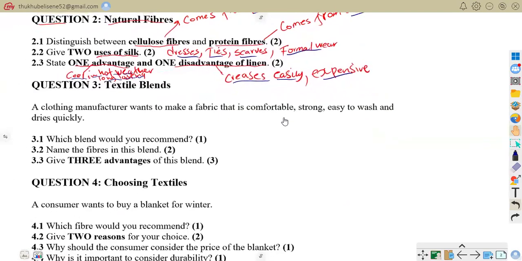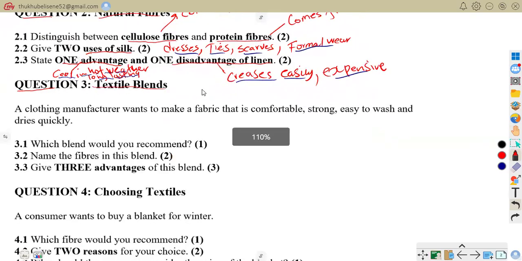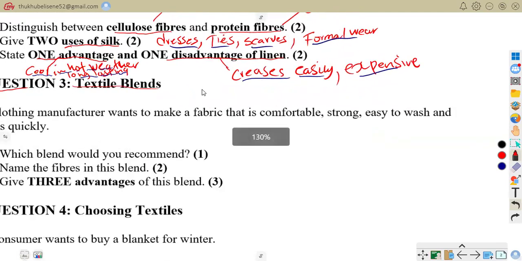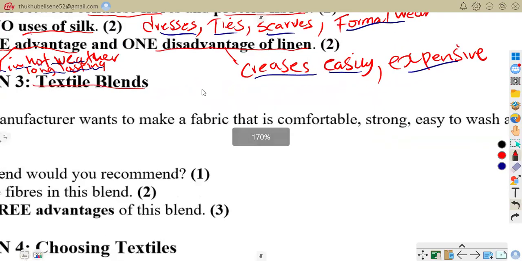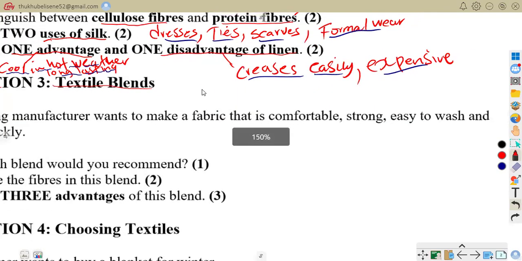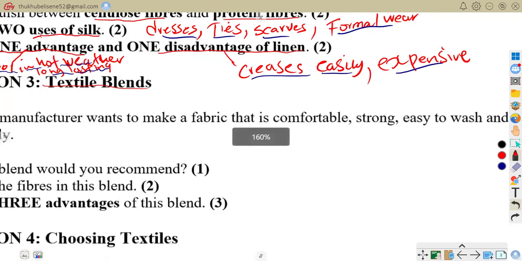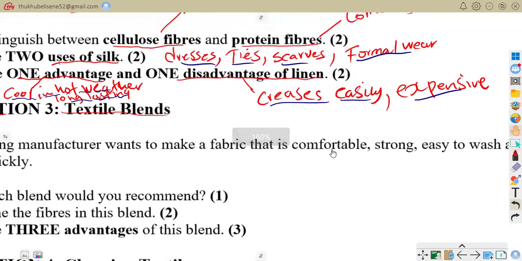Question 3. Now we're going to talk about textile blends.